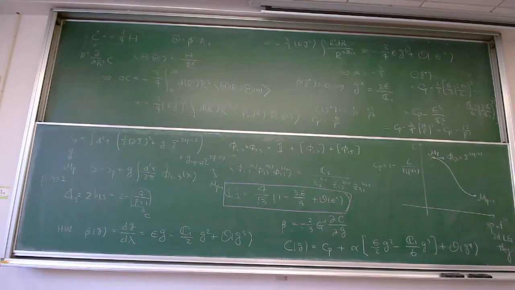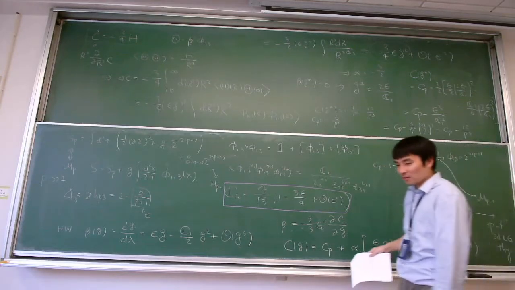Sorry, I got confused. And why is this equal to Cp minus 1? But how do you get 1/p cube is this guy? I don't remember.